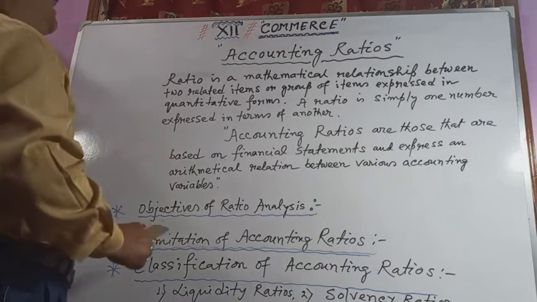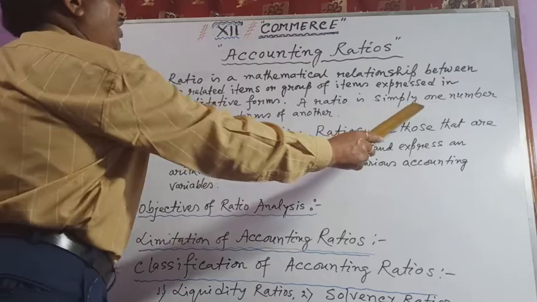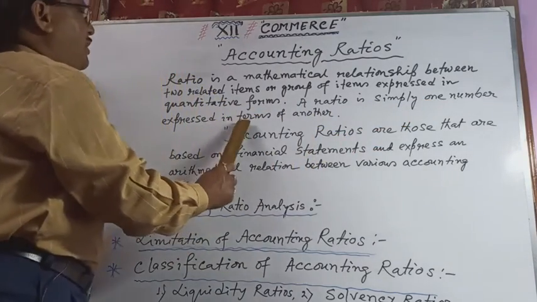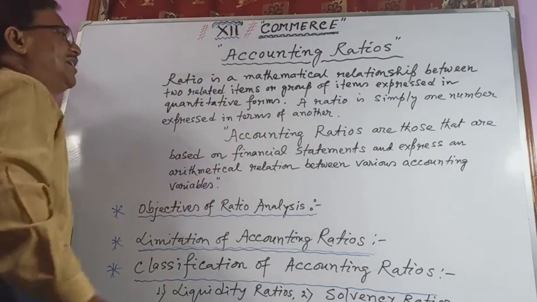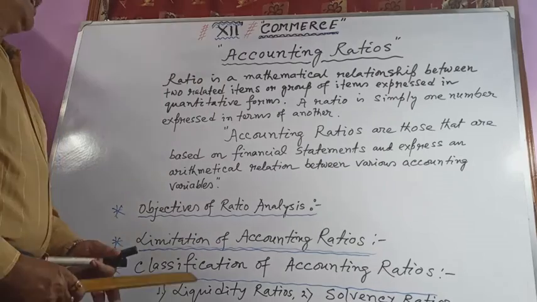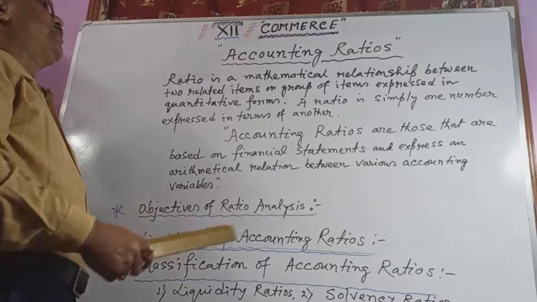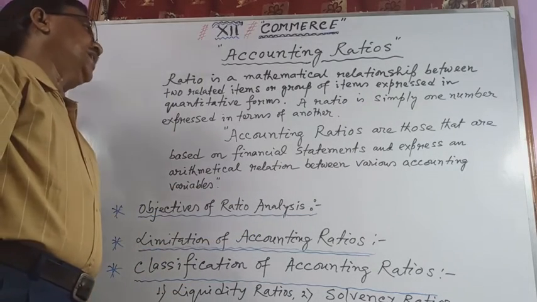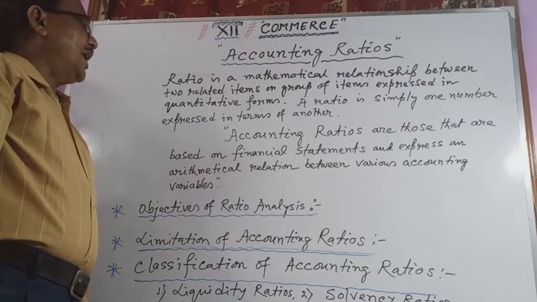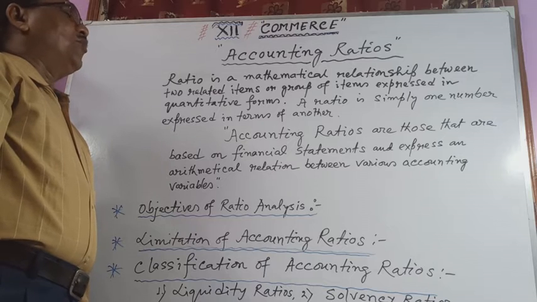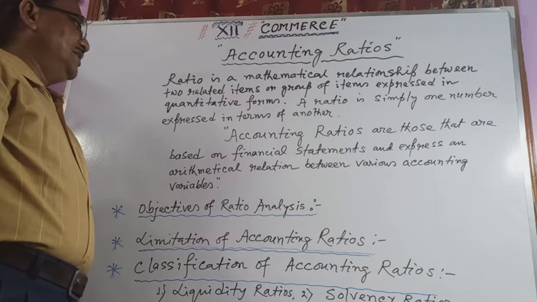In simple sense, a ratio is simply one number expressed in another number. Say two numbers are given, x and y, it should be represented as the ratio x is to y, x by y, or x by y into 100.